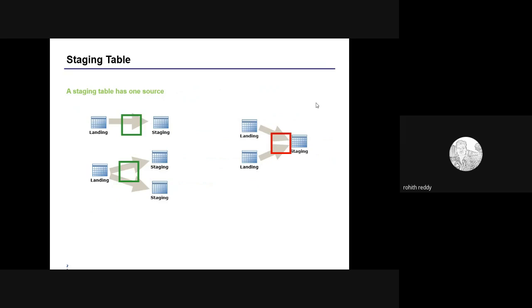One more question they will fire at you: can a staging table be loaded by multiple landing tables? You should say no, that is not possible. Once the staging table is configured for a mapping, we cannot use the staging table in another mapping.